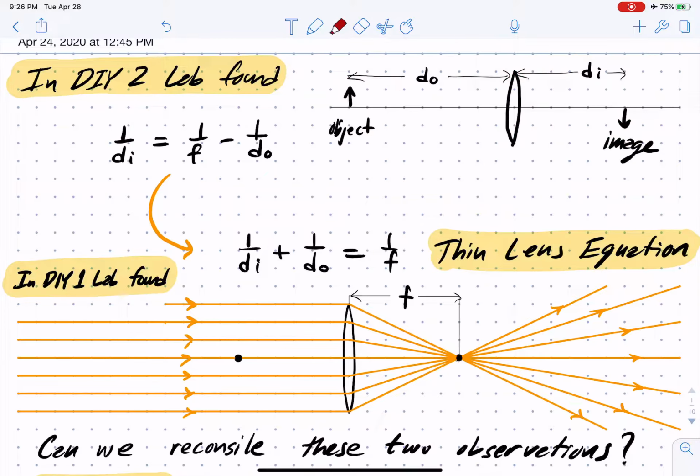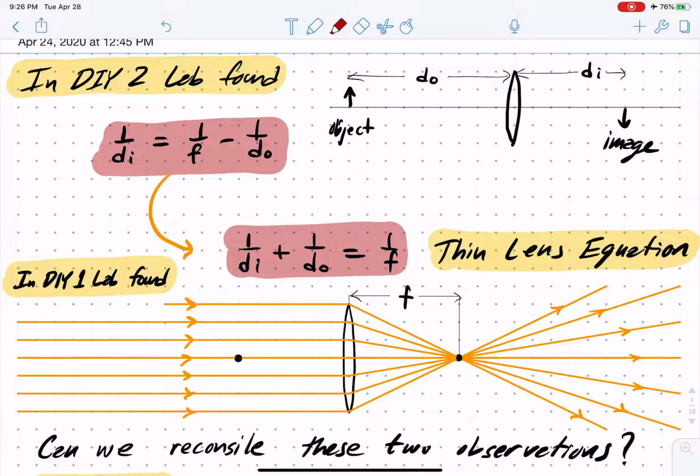And then we found that those numbers followed this rule, that the inverse of the image distance was 1 over the focal length of the lens minus 1 over the object distance. This is normally written like this, and is called the thin lens equation.